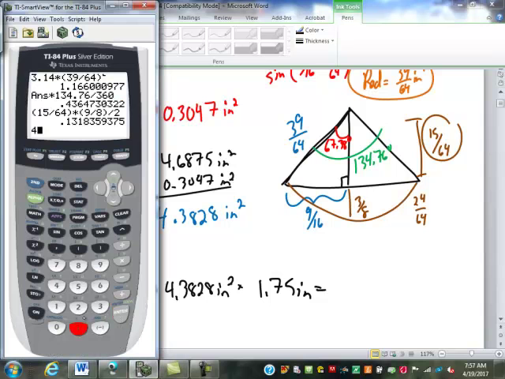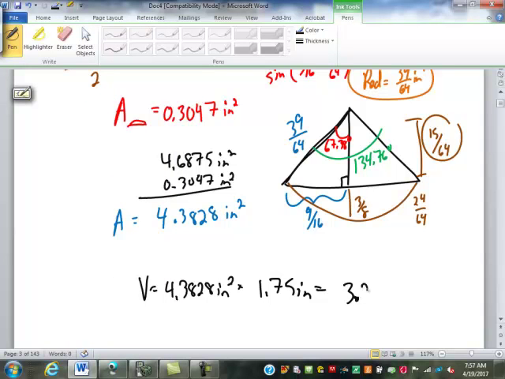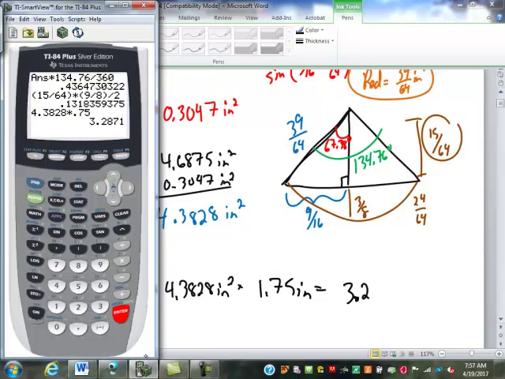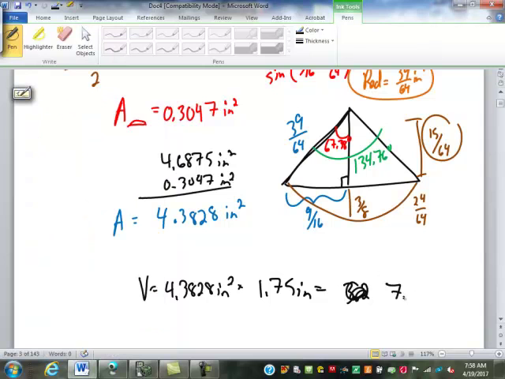So 4.3828 times 1.75 gives a total volume of 7.6699. So probably 7.67 cubic inches.